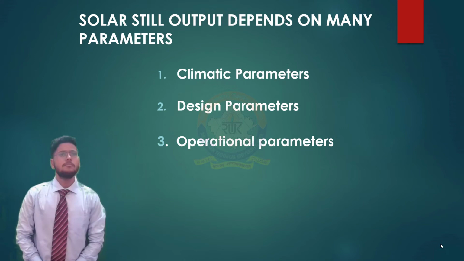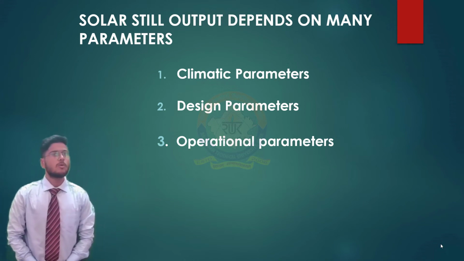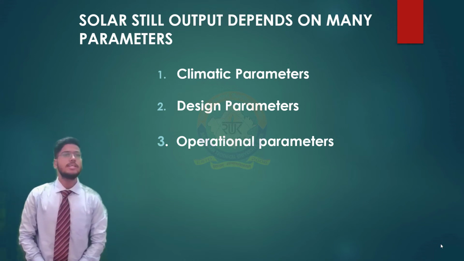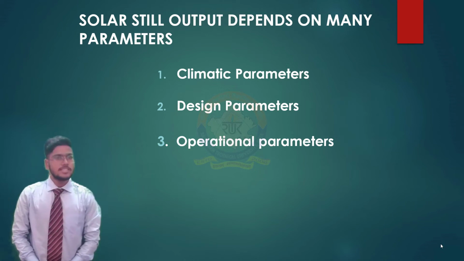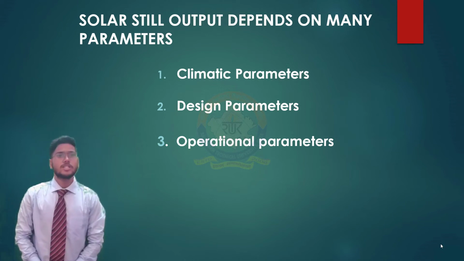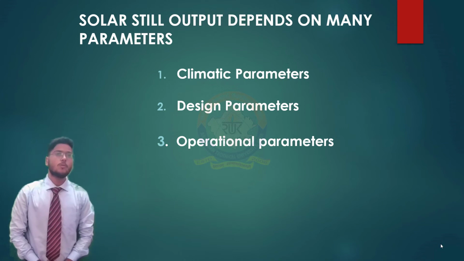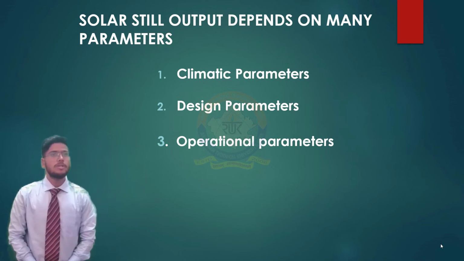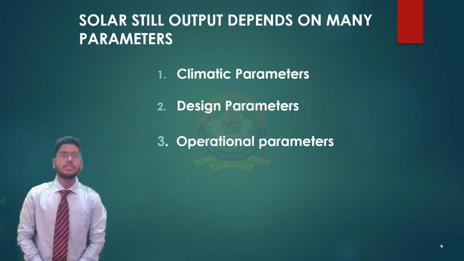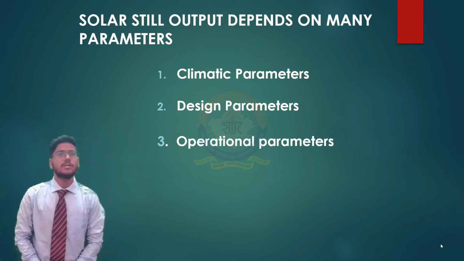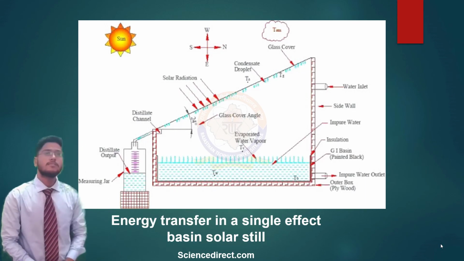These are some design parameters: single slope or double slope, glazing material, water depth in basin, bottom insulation, orientation of still, inclination of glazing, spacing between water and glazing, type of solar still that you use. And the third one is operational parameters. In operational parameters, preheating of water, coloring of water, salinity of water, rate of algae growth, input water supply arrangement are there.